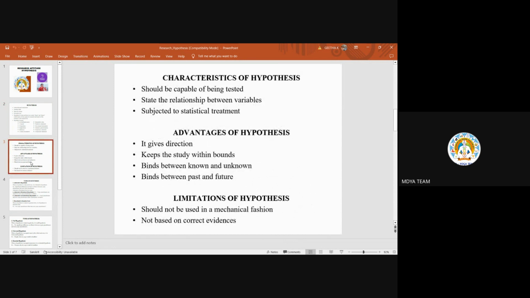So what are the characteristics of hypothesis? It should be capable of being tested. Whatever you guess, whatever you state, whatever you predict, it has to be capable of being tested. For example, as in Rajeshwari ji's example, she says that weight could be reduced after 3 months because of Surya Namaskara.